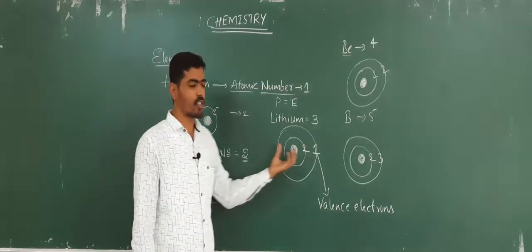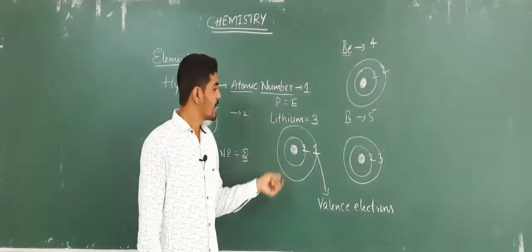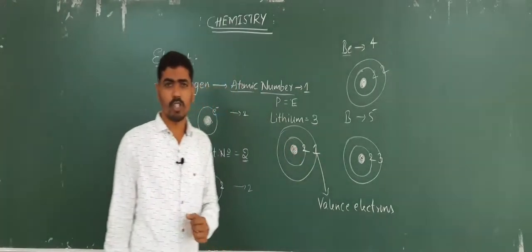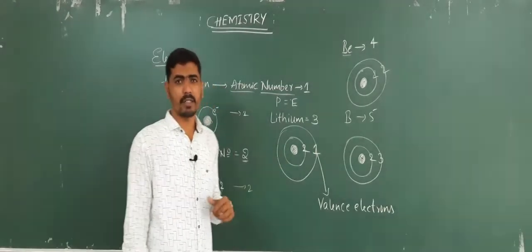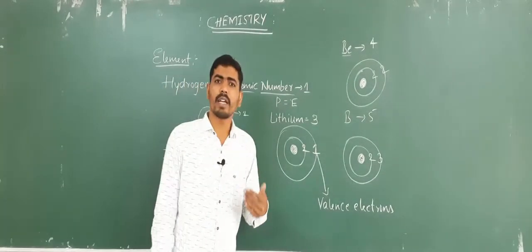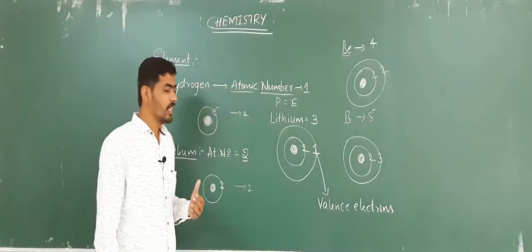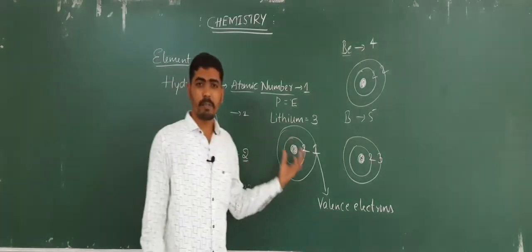can write the structure and we can mention the number of electrons which are present in the outermost shell. But in case of higher elements, to represent the structure of atom, it is quite difficult, because it takes a lot of time, and also space.